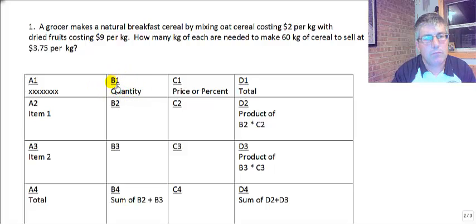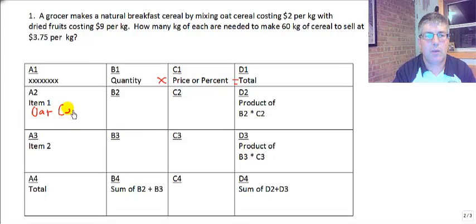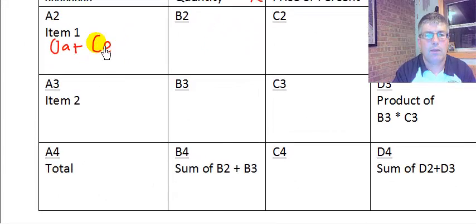Well, our chart generally is going to be quantity times a price or a percent equals sum total. And we've got a couple items. We'll put the items in A2 or A3. So item 1 in our case will be the oats. He's making a cereal. We're going to have the oat cereal as one of our items. So that just helps you keep things straight.